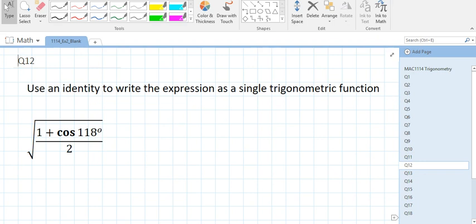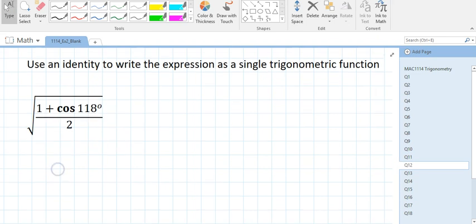Now we're into 10.3. So these are all about your double angle and half angle formulas. So 12 and 13 is 10.3. Again, they want you to write this expression as a single trigonometric function.